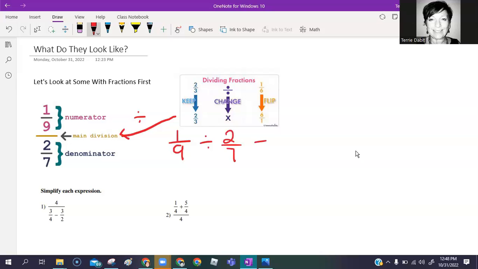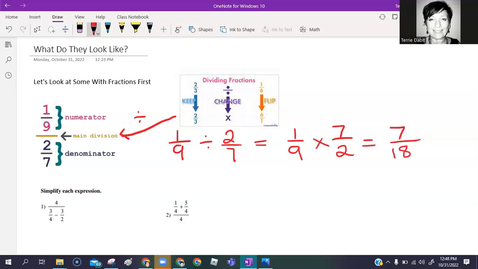And then we use our keep, change, flip. Keep the first, change the division to times, and then flip the second. And then I would have my final answer. And then 9 times 2 is 18.